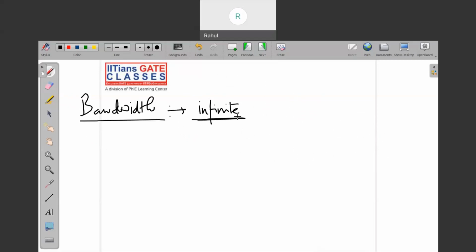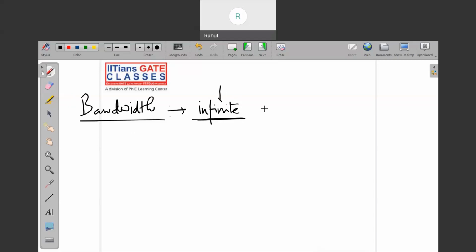Now you may be thinking that if the op amp has infinite gain, how can the bandwidth be infinite?